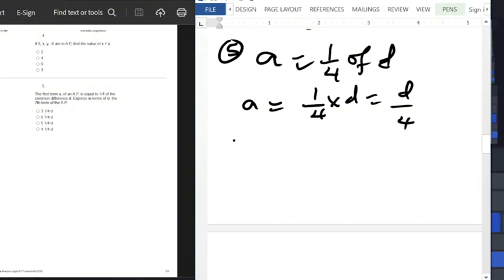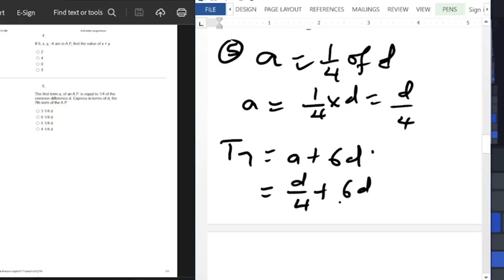Then express in terms of d the seventh term of the AP. So the seventh term, T7, equals A plus 6d. And our first term is d over 4. So we now have A, that is d over 4, plus 6d over 1.